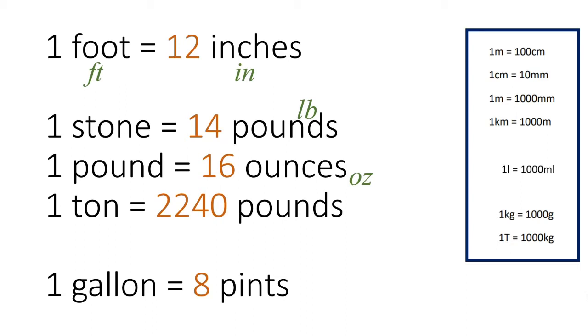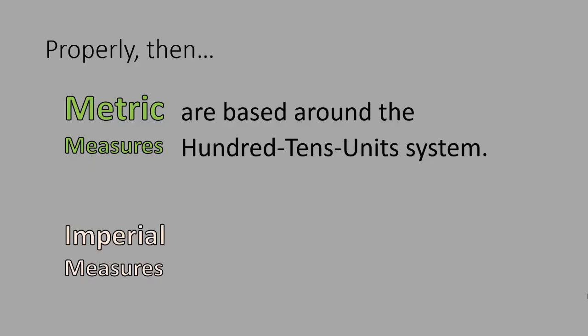And so really, earlier on when we said that the metric system are the new ones and the imperial system are the old-fashioned ones, really that was too basic. Really we can say something much more nuanced, much more clever. Because actually, it turns out that the metric measures are all based around the hundreds, tens and units system, whereas the imperial measures aren't.